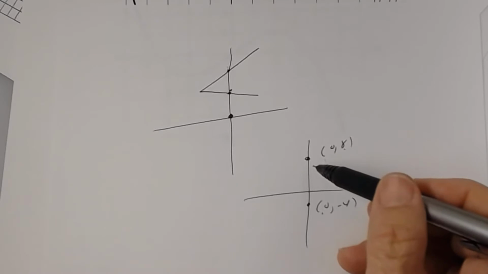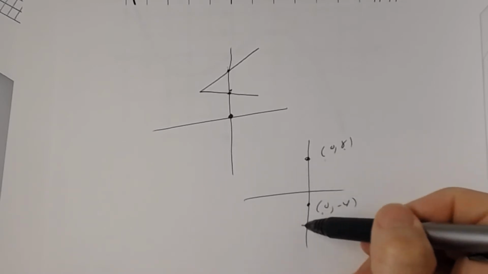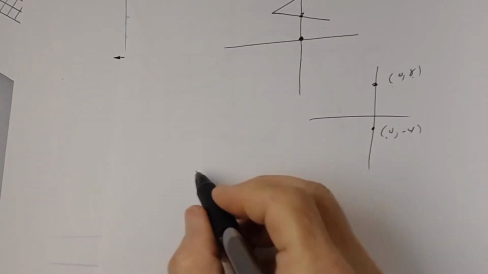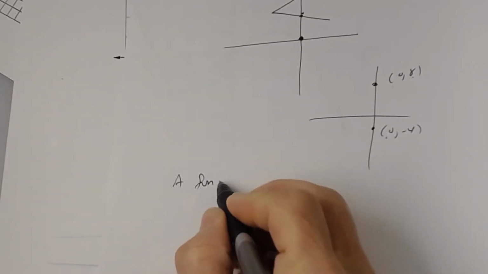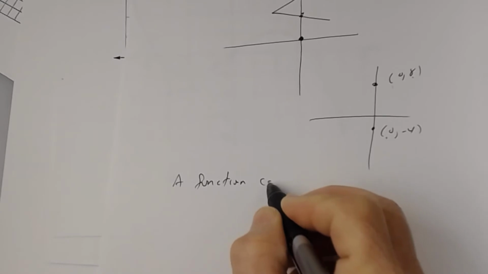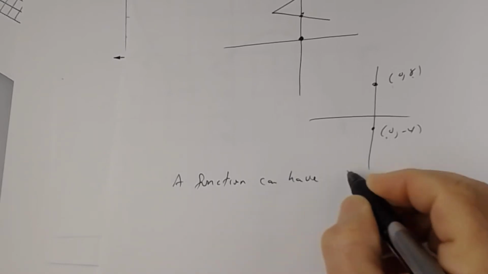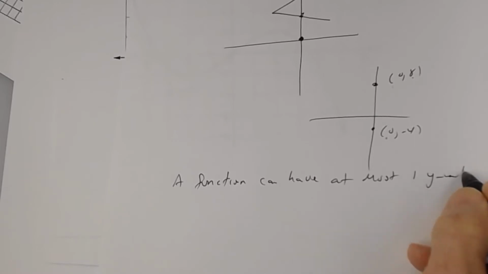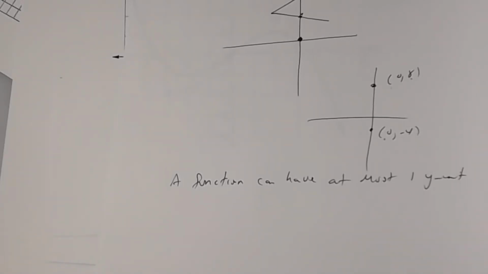So can a function have more than one y-intercept? No. A function cannot have more than one y-intercept. A function can have at most one y-intercept. Because if it has more than one, it automatically fails the definition of a function.